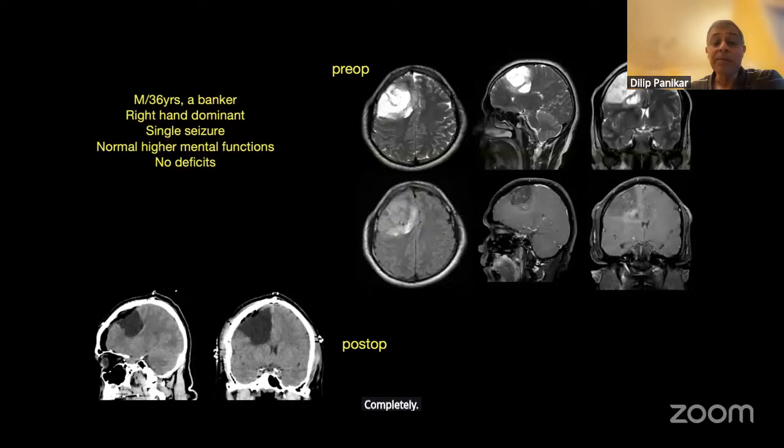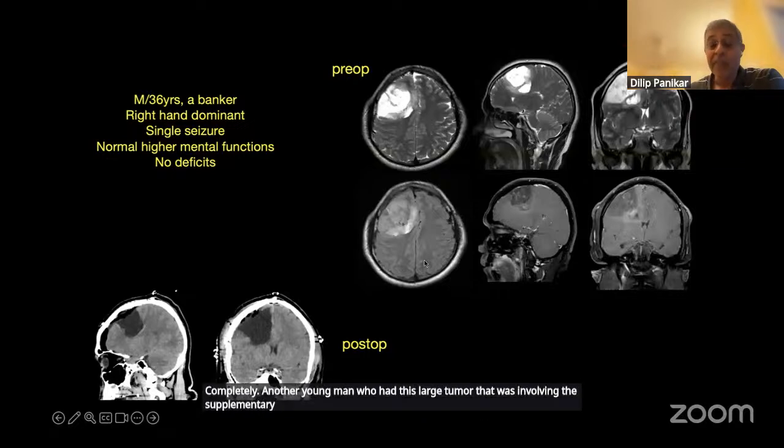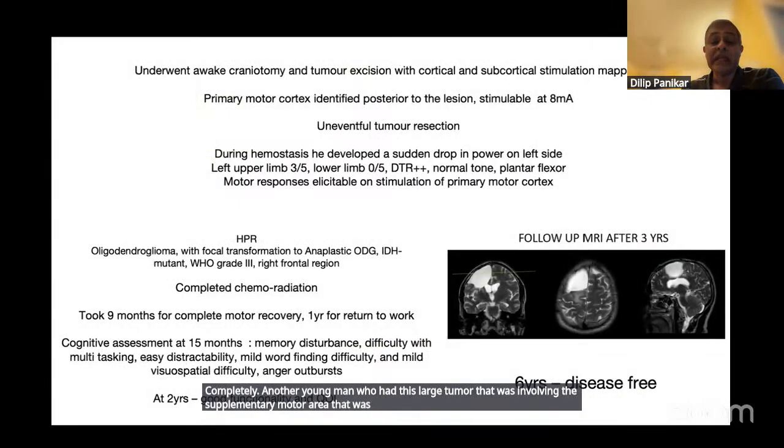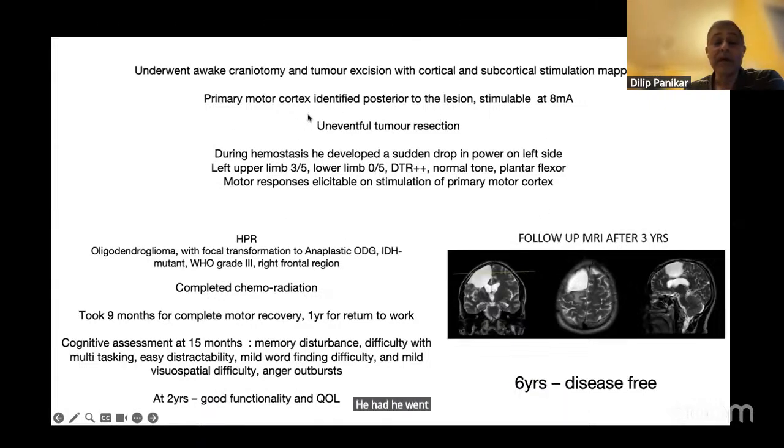Another young man had this large tumor involving the supplementary motor area that was resected. He went on to develop a delayed deficit after the resection, and this is very typical of an SMA syndrome.